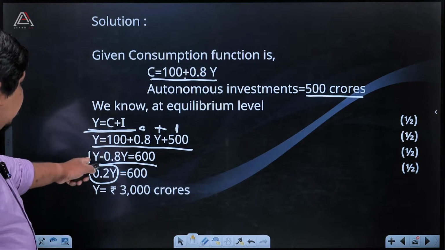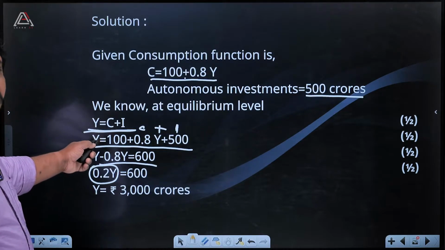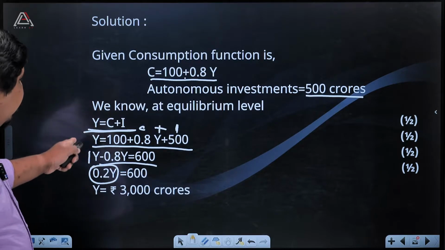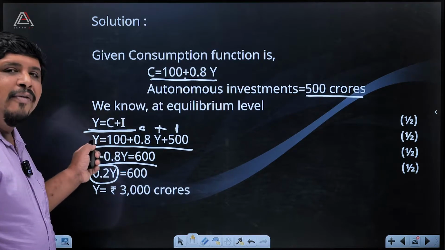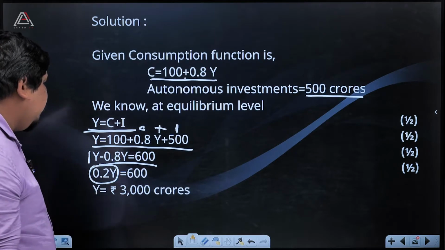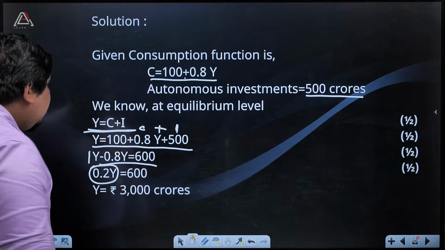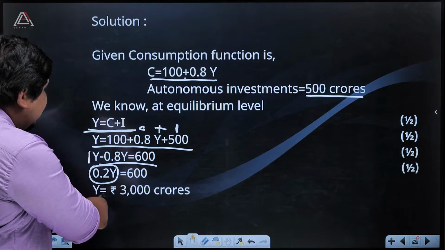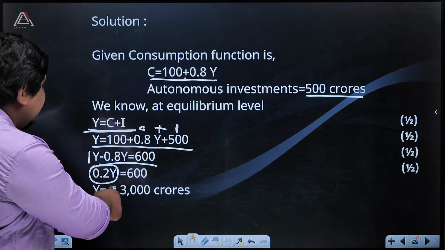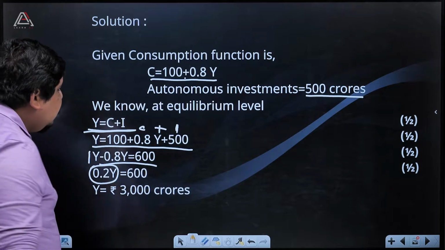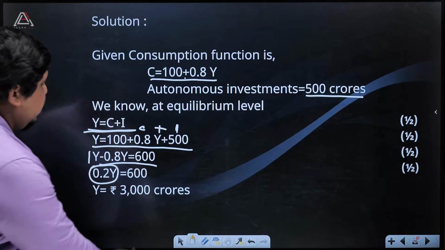Suppose you are not writing that 1 here, you have to consider that the left side of Y is 1. Then you get 0.2Y, that is equal to 600. Then Y is equal to 600 divided by 0.2, we will get 300 crores.